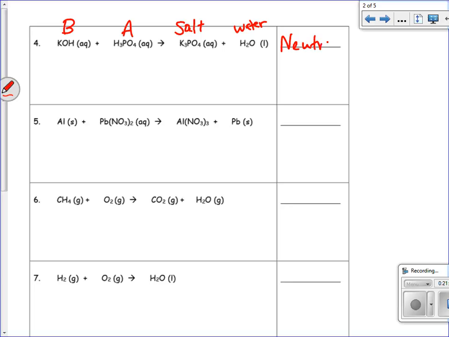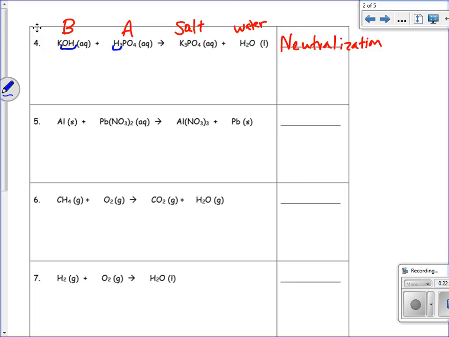So some of you labeled this as double replacement, but you would need to label it as neutralization as the specialized type of double replacement there. Now for balancing, we do something different here. To make it easier on ourselves, we have an OH group over here, and we have an H group here, right?